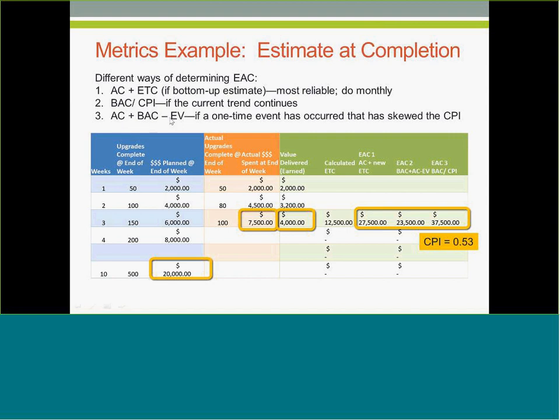Which of these formulas applies is what your PMO in the organization will tell you, because these obviously lead to different values, as you can see here in the example, right? This formula is EAC2, this formula EAC3 is this formula here, right?